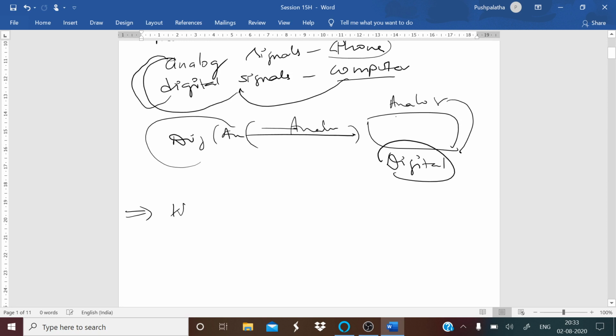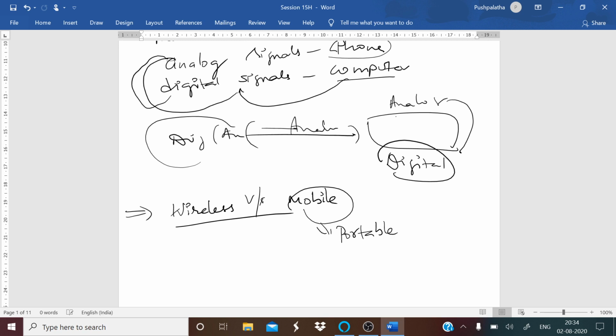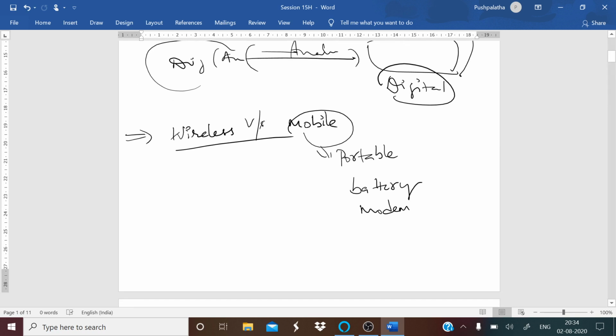The other term we use is wireless versus mobile computing. Normally we feel that mobile means wireless. No, it's a different thing. Mobile means portable. A mobile device is one that can be taken anywhere, but it needs battery for power and must be connected to a modem when transmitting on a mobile network, which helps it to send and receive data without attaching to hardware.